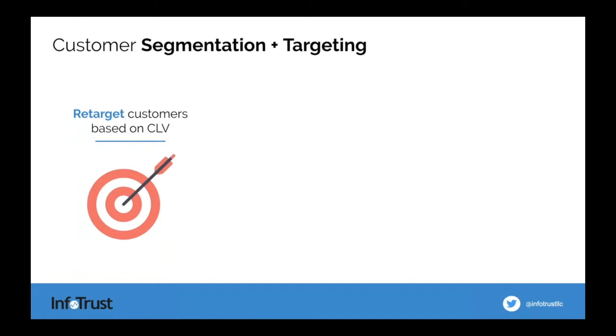So with customer segmentation and targeting, one is what I just mentioned, retargeting customers based on customer lifetime value. With customer lifetime value, you're basically understanding how much a customer is going to be worth over their projected lifetime with your organization. We have a data science team here internally that does a lot of different customer lifetime value models for our clients.